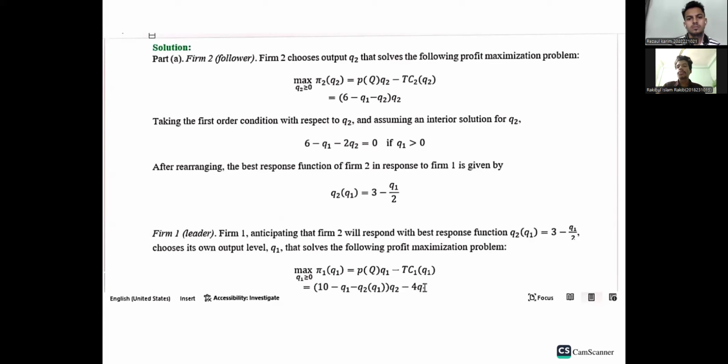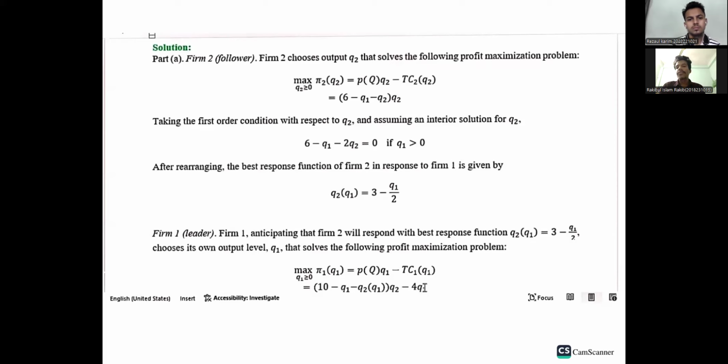Farm 2 chooses output Q2 that solves the following profit maximization problem, which is maximum pi 2 equal to P(Q) times output of farm 2 minus total cost of farm 2.